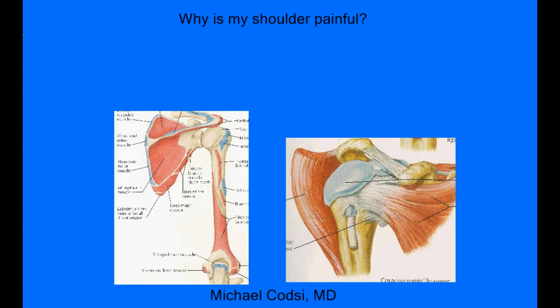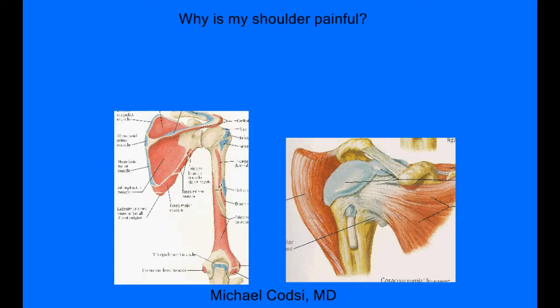And I'd like to talk about one of the most common questions I get from my patients, which is, why is my shoulder painful? And I think the best place to start with that answer is with the anatomy of the shoulder joint.